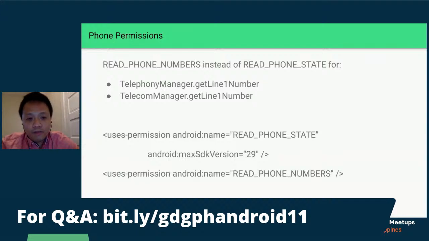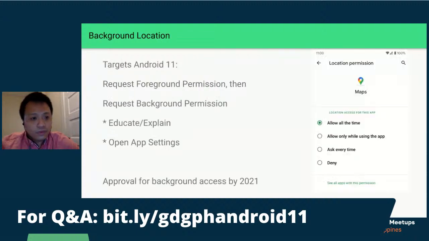So that your app can target Android 11 and still run okay on lower devices, you have to specify that the max SDK version for read phone state is 29. Or if you're just targeting Android 11, you can just use read phone numbers. Then another change for Android 11 is the background location.